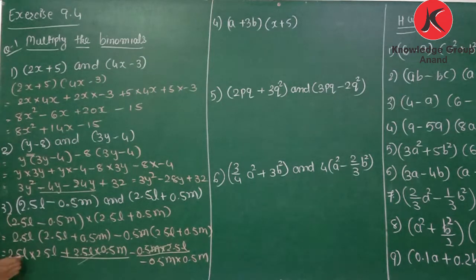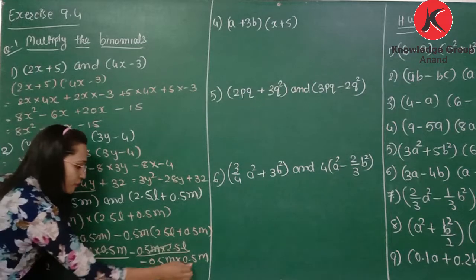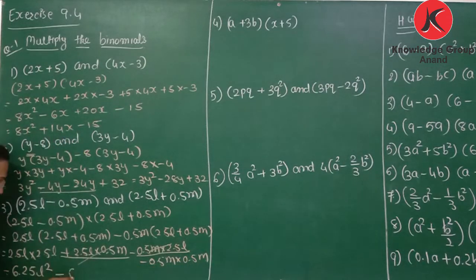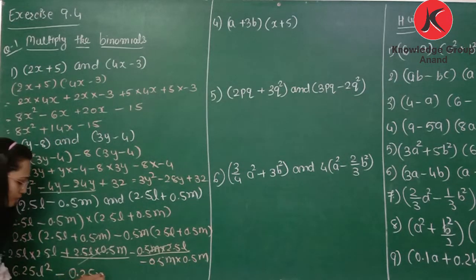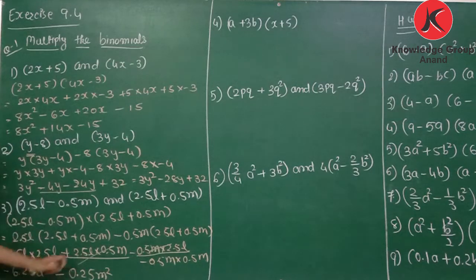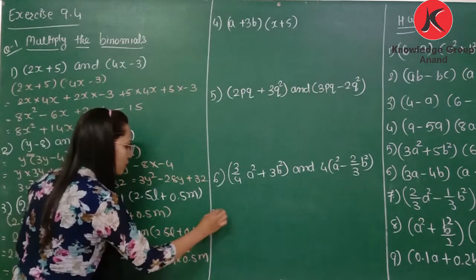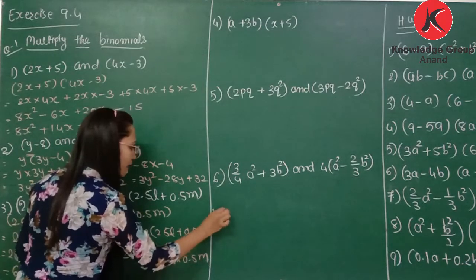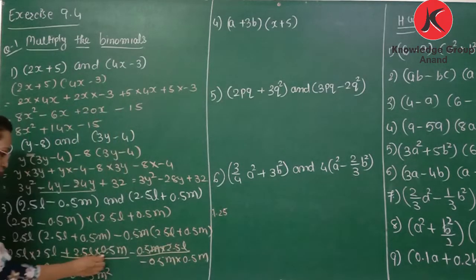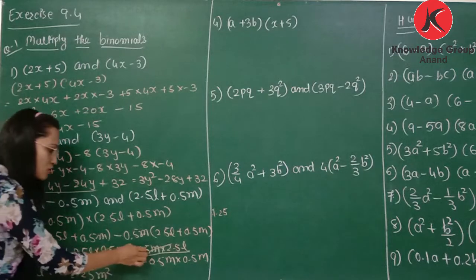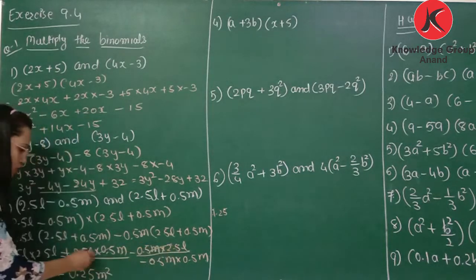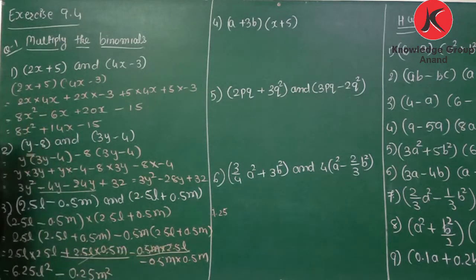So now 2.5 multiplied by 2.5 becomes 6.25 L square, minus 0.5 multiplied by 0.5 becomes 0.25 M square. You can also perform the multiplication, then it is also correct. Multiply 25 with 5, it is 1.25. 1.25 LM, and this is also 1.25 LM, but this is positive, this is negative, so it will be cancelled.